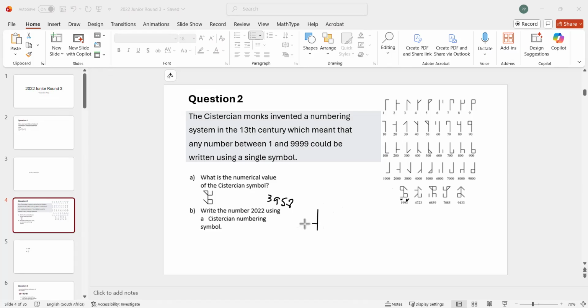0 hundreds. Okay, so you don't have to put any hundreds. The 20 will go into that line there. So you put 20. That's your 20. And 2 is at the same place, but you put it this way.